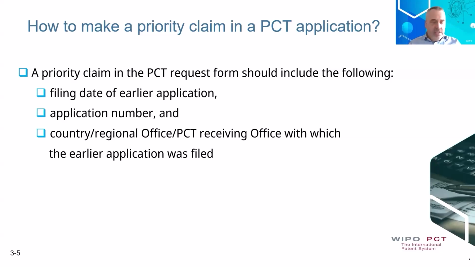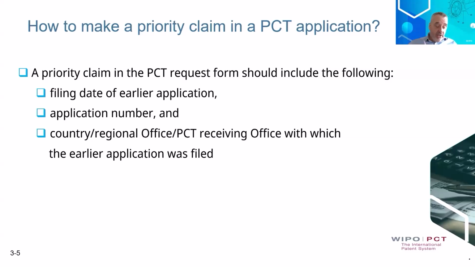Whether certain substantive conditions for the priority claim are met, that will be only looked at by designated offices in the national phase. There's a little bit of looking at it by the International Searching Authority and Preliminary Examining Authority, but let's say for simplification purposes, predominantly this is a question to be decided by the designated offices later on.